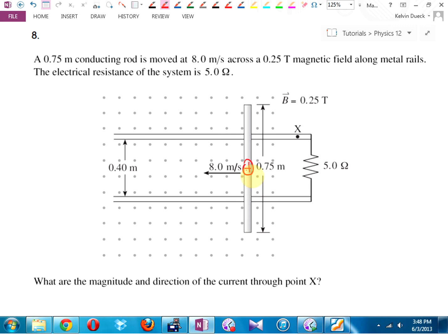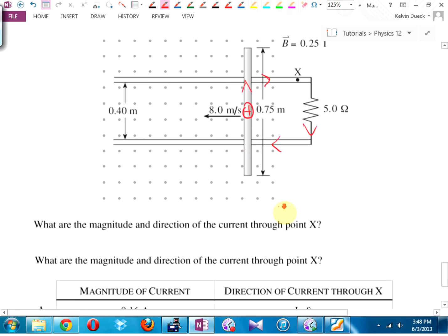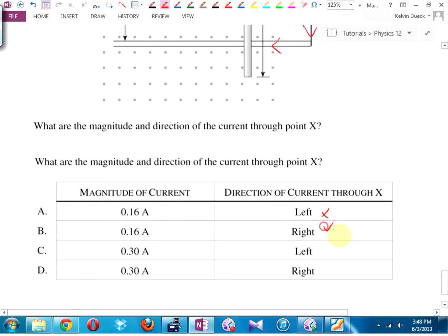So it's going to go up, and it can't go this way because there's no connection. It wants to complete the circuit, so it's going to go through location X. Current, current, current. Cross out, cross out.